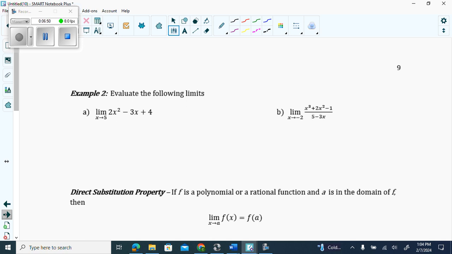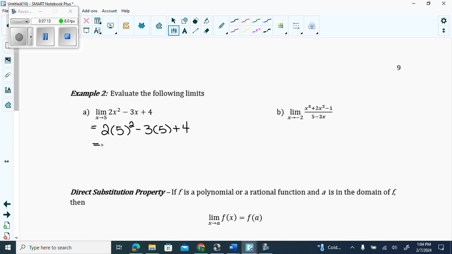So if I have the limit as x approaches 5 and I want to plug it in, remember I have to keep the limit word until I substitute in. The moment I substitute in, the limit word goes away. Because that's telling us what number we're going to substitute into here. So we're going to get 2 times 5 squared minus 3 times 5 plus 4.